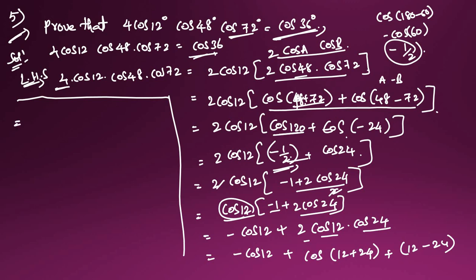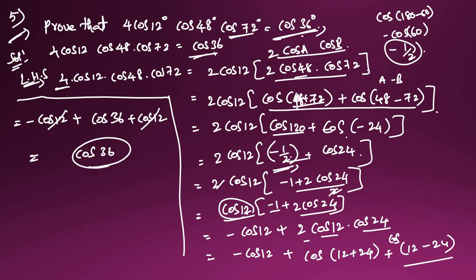So it will become minus cos 12 plus cos 36, and here cos minus 12 means cos 12 only. So cos 12 will get cancelled, and it is equal to cos 36, the answer we had to prove here. That's it.